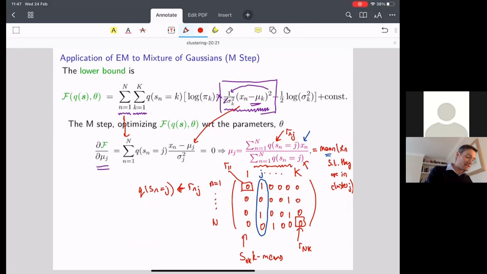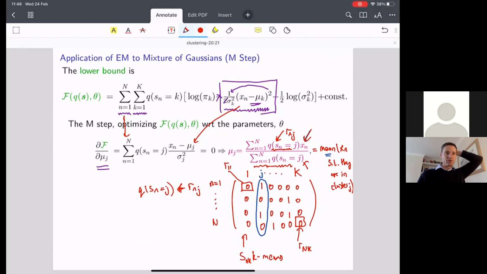And the top says take the weighted average of the x_n's, where you weight by a soft number, which is how plausible you think it is that the data point came from the jth cluster. You get soft weights in the top rather than hard weights, and then you divide the two. Good.